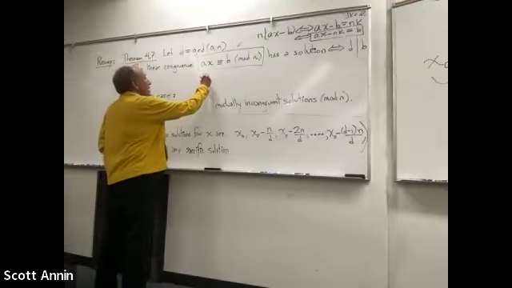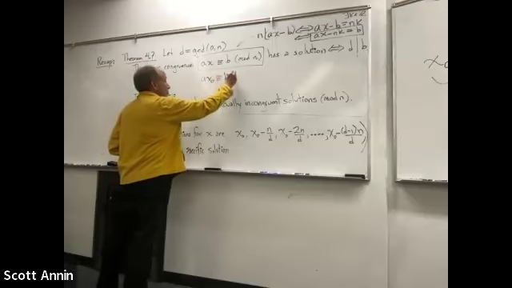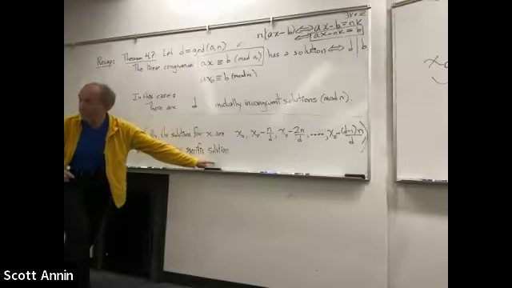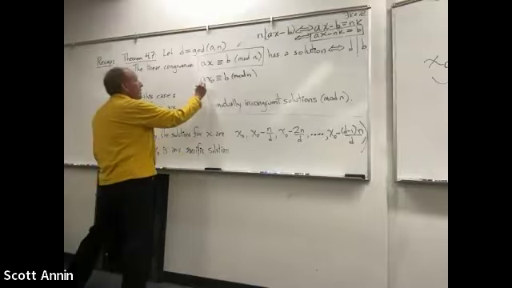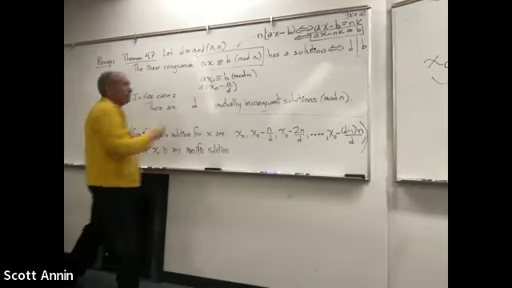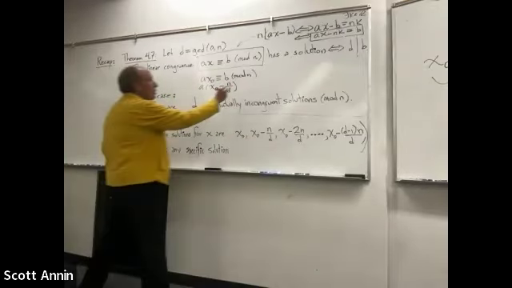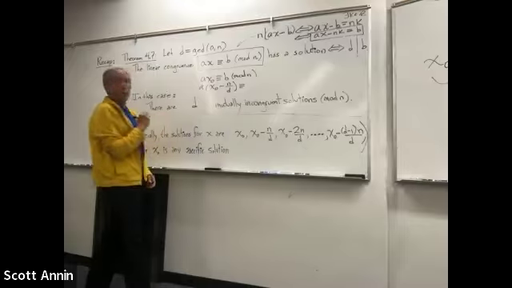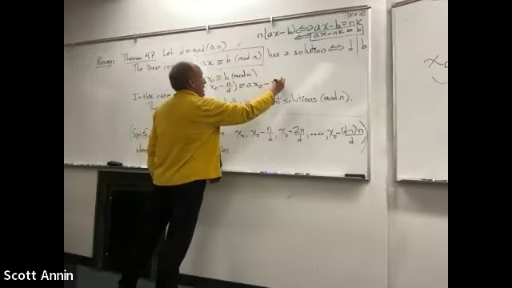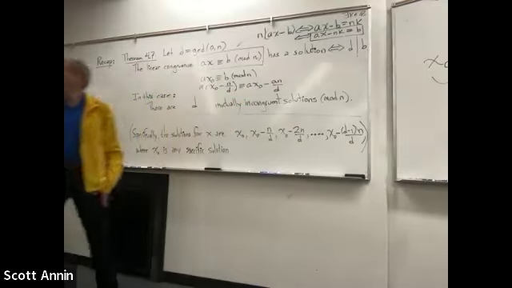Because if a x naught is already a solution, if you have already found x naught as one specific solution, then if you go back and plug in, let's just do the first one here, n over d, what is that going to be congruent to? Well, that will be congruent to a x naught minus a n over d.